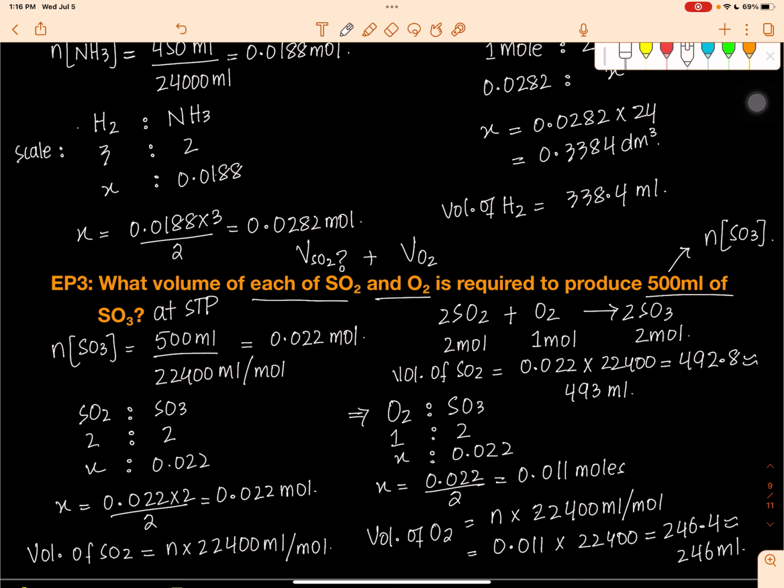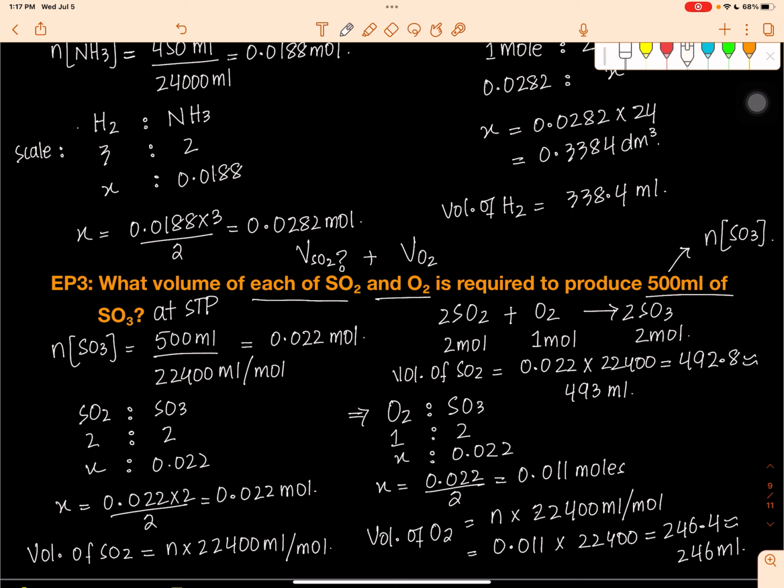So you can also see that although the equation tells us that 2 parts of sulfur dioxide and 1 part of oxygen are needed, in mL the values are different from each other, though they are somewhere in the ratios of that.